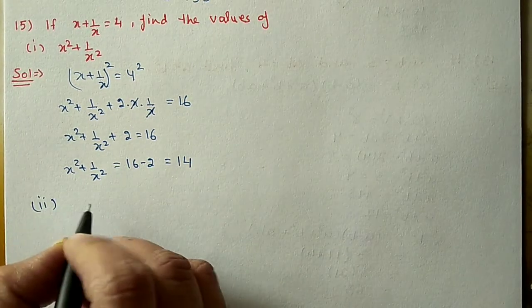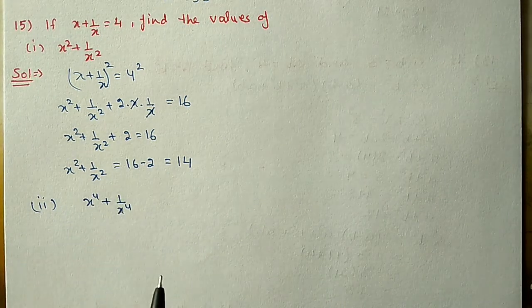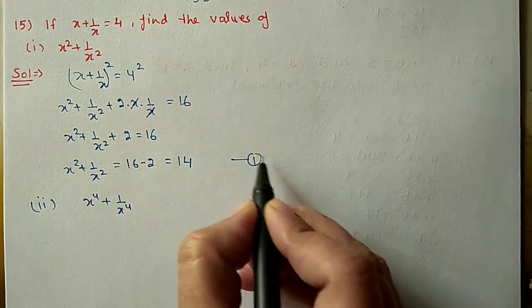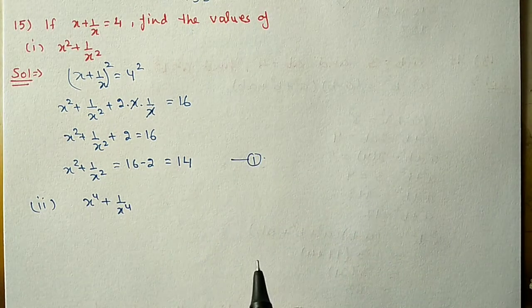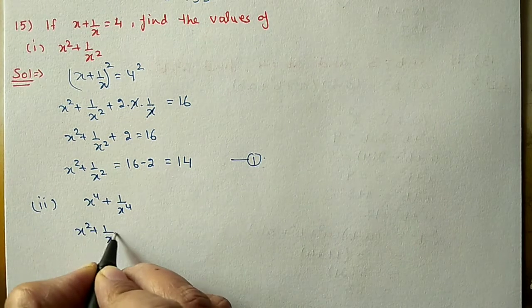Second part, we have to find out the value of x to the power 4 plus 1 by x to the power 4. So we will start from here. We will do the squaring for this equation both the sides. So x square plus 1 by x square equal to 14.